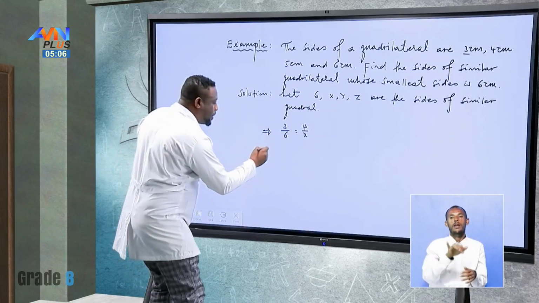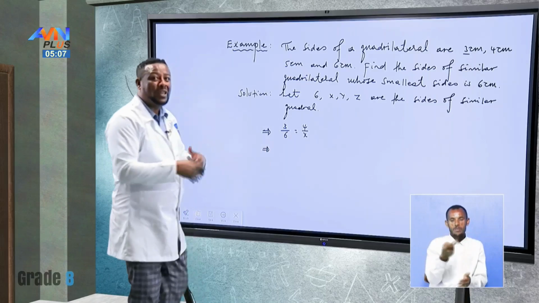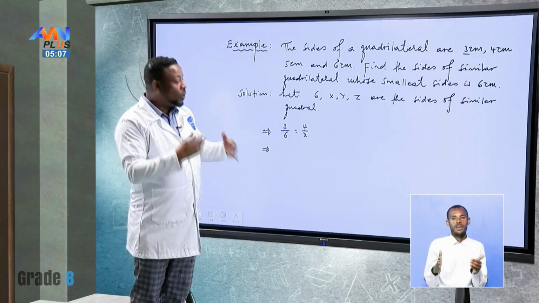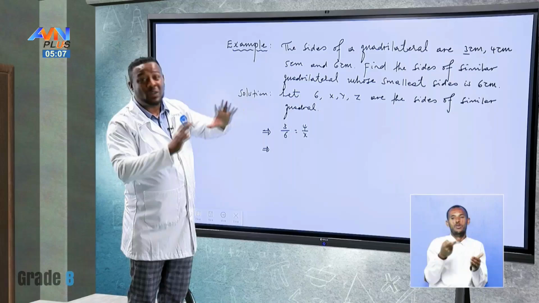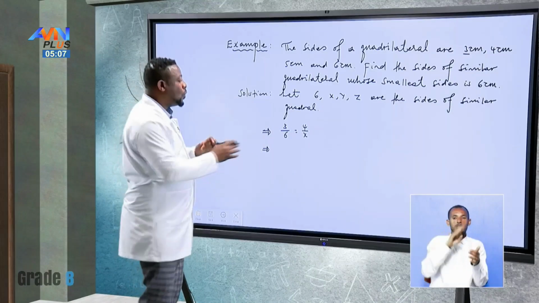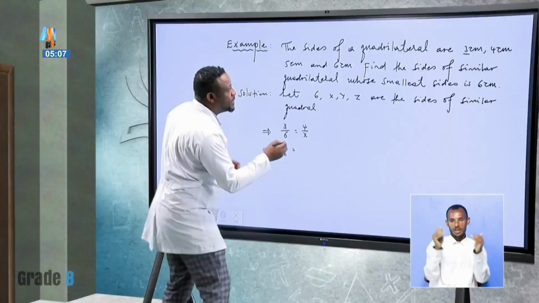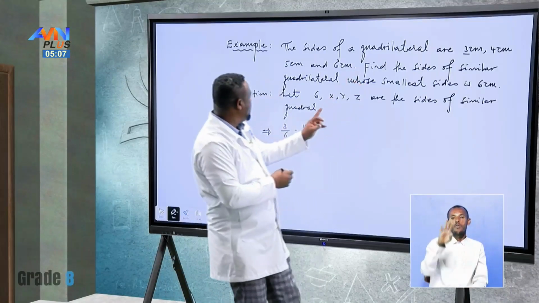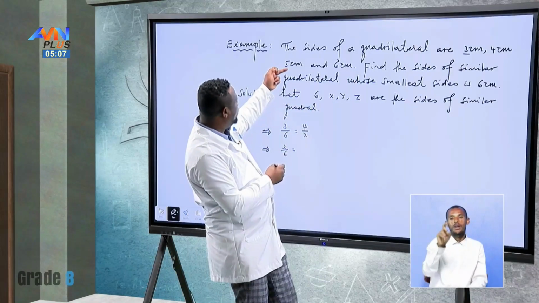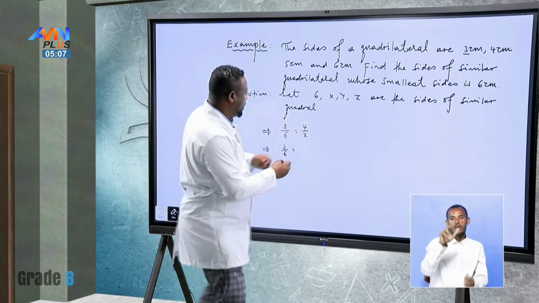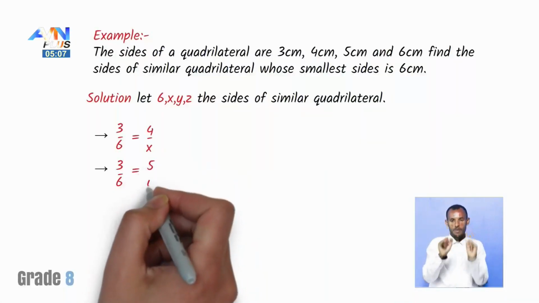Similarly, all the pairs of ratios of corresponding sides must be the same. So the 3 over 6 must be the same as the third side, which is 5 over y, okay?